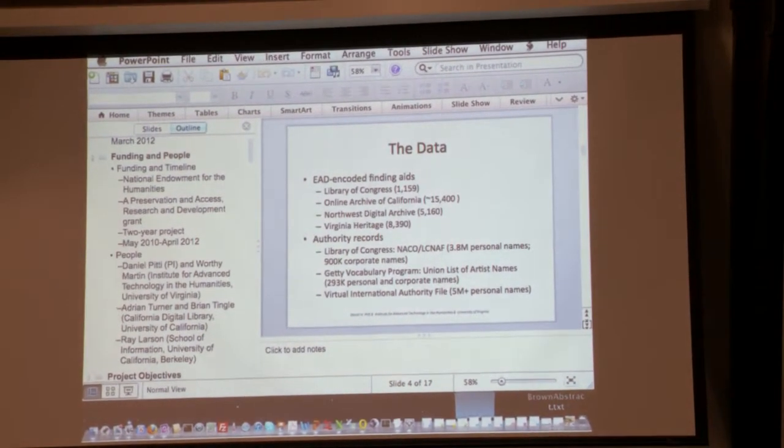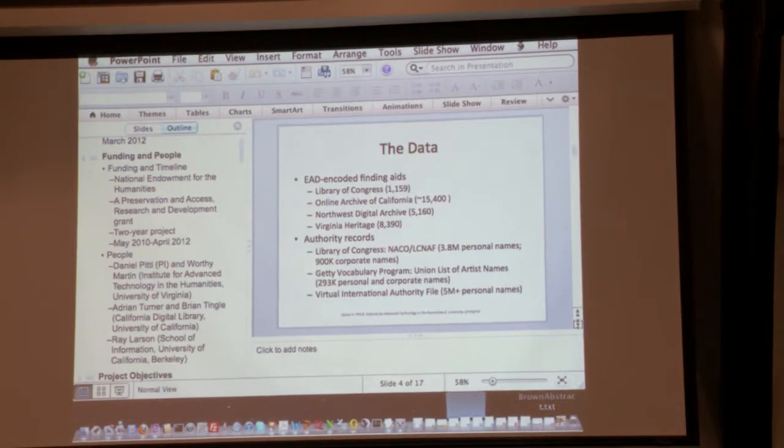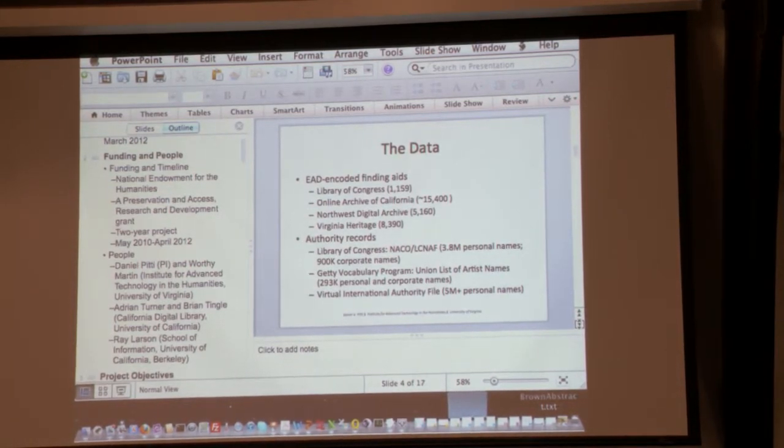The data that we're working with is around 30,000 archival finding aids or guides, descriptions encoded in Encoded Archival Description.